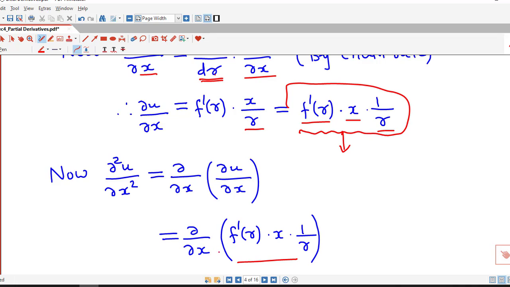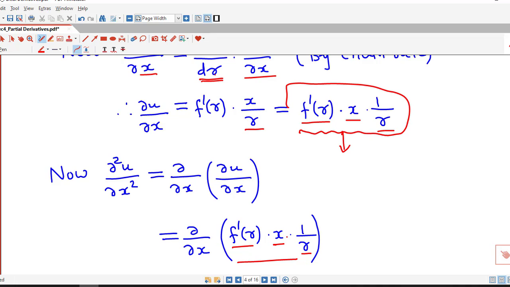Now here all these functions, f dash r, x and 1 by r, they all depend on x, because r is a function of x and y. F dash r will depend on x, x is already dependent on x, and 1 by r is also dependent on x. So here we have to apply the product rule.